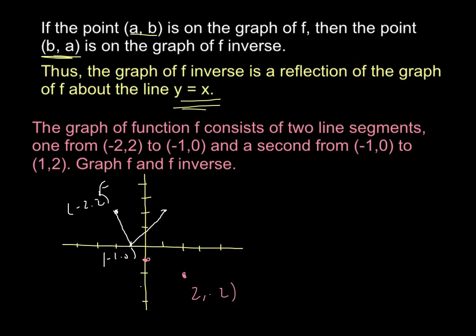So 2, negative 2 is over here, 0, negative 1. And instead of having the point 1, 2, I'm now going to have the point 2, 1. And this graph in pink here is going to be f inverse.